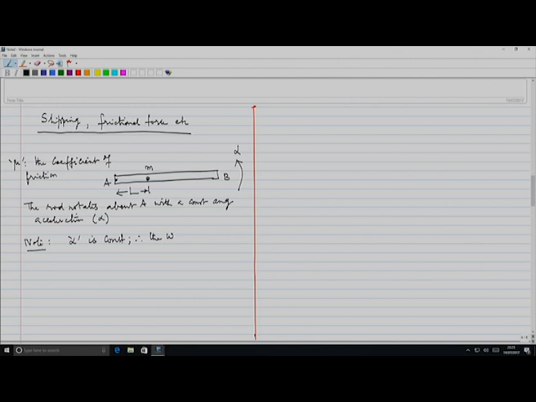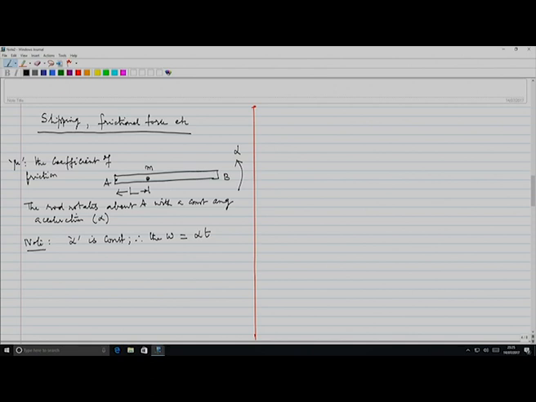The angular velocity has to be alpha times t. The reason is, if I take d omega by dt, I get alpha. So the first thing we should realize in this problem is that angular velocity is not constant. It varies linearly with respect to time.